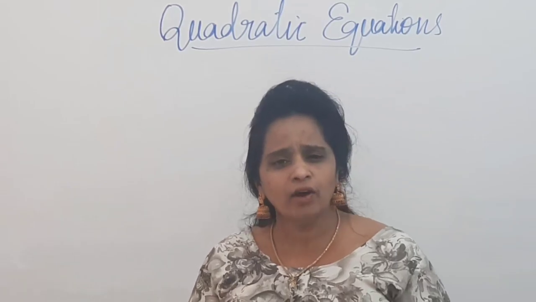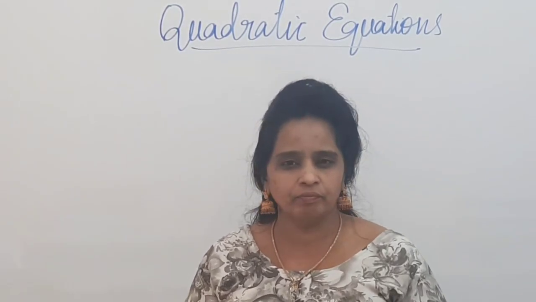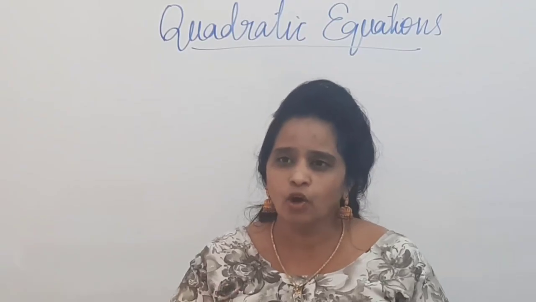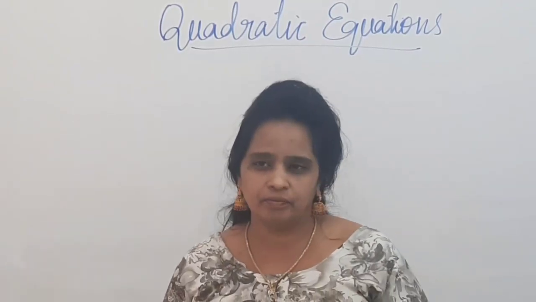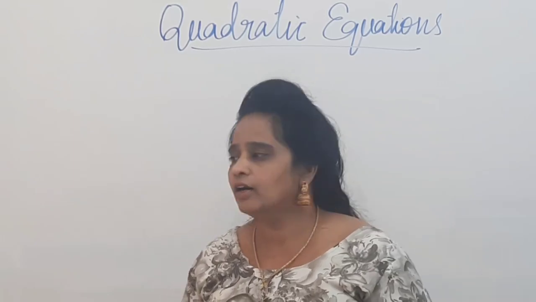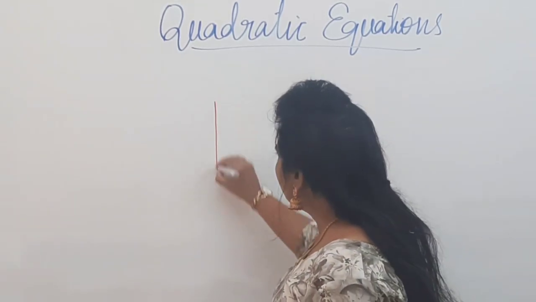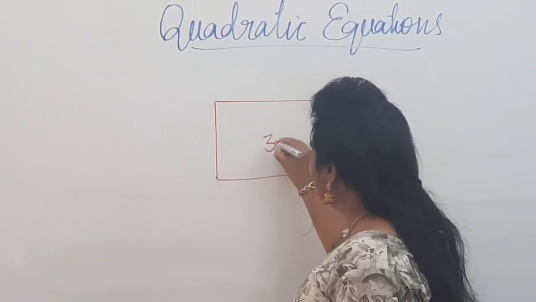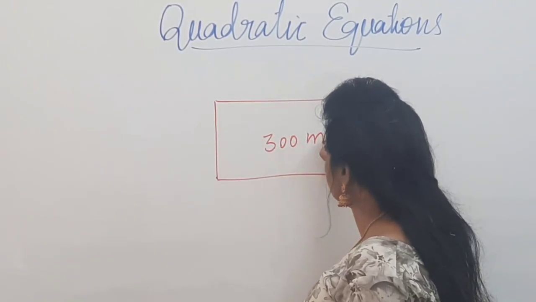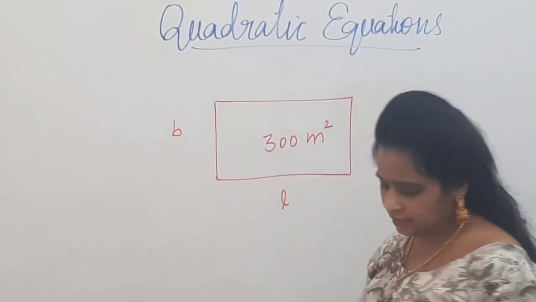Now the situation is, suppose you are given a statement where one quantity is defined in terms of the other. For example, there is a hall of area 300 meters square, and this is breadth and this is length.